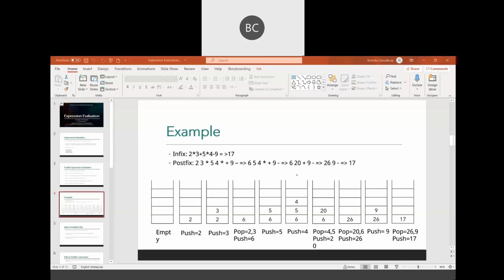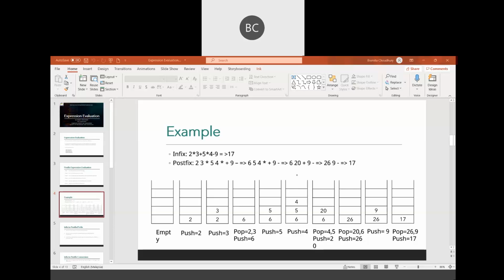Now, which one will we do? We'll evaluate this one, left associativity. So we will evaluate this expression now. So A, B, C, star, then plus will come here.